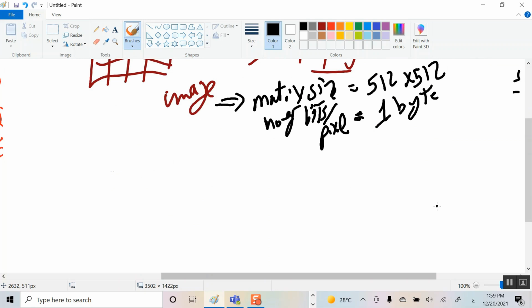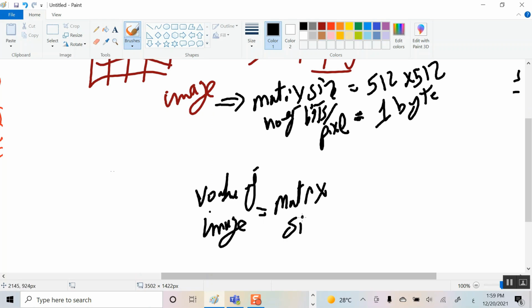Now, if I want to see how much space a single image will occupy, I need to determine the size of that single image. It is the product of the matrix size by the number of bits, a matrix size of 512 by 512.